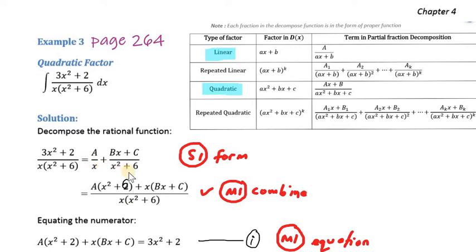So x multiplies x squared plus 6, and we have a similar denominator value. So we can now compare the numerator value, which is 3x squared plus 2.